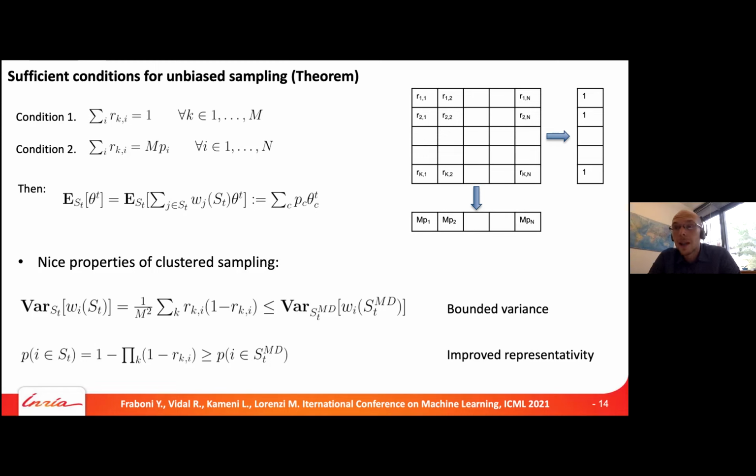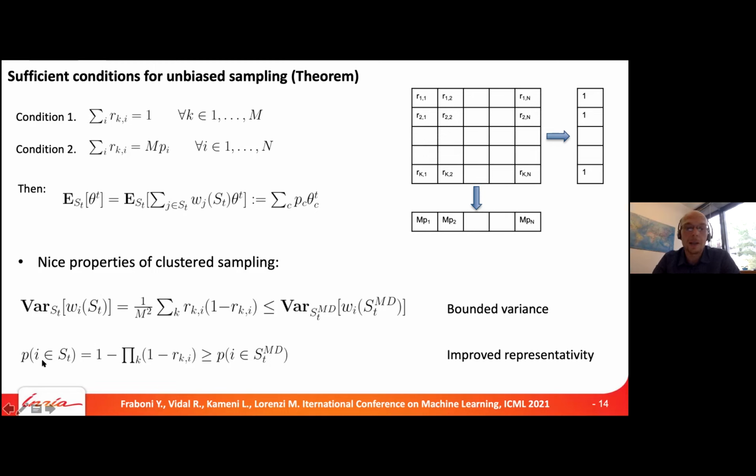And why is this nice? Because it can be proven that the variance of this kind of scheme is bounded by the variance of the original scheme based on the multinomial distribution. So we can have a lower variance sampling, decreasing the uncertainty along the optimization.